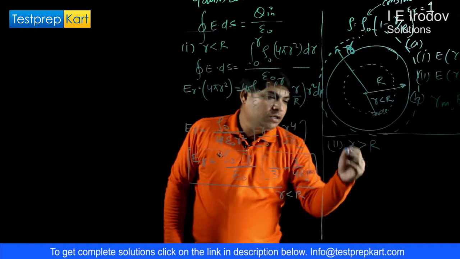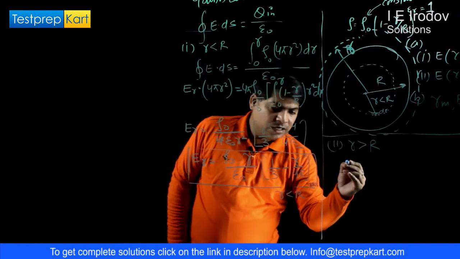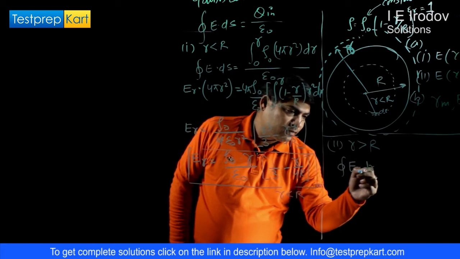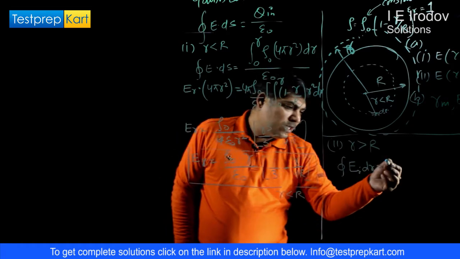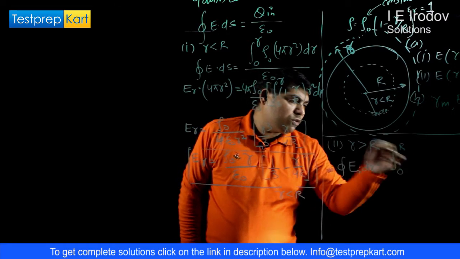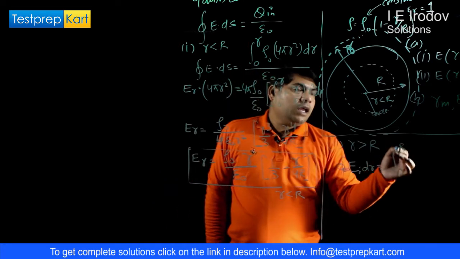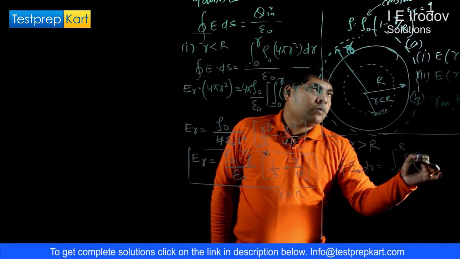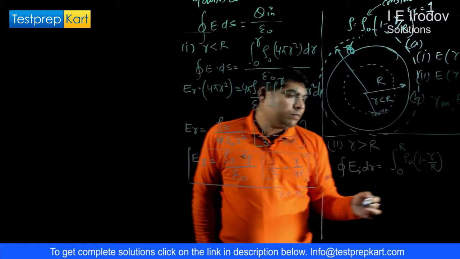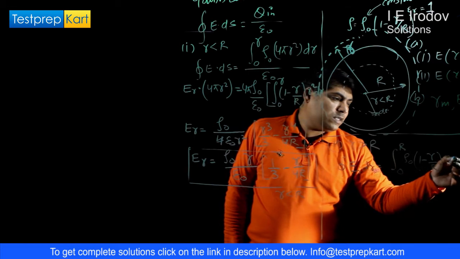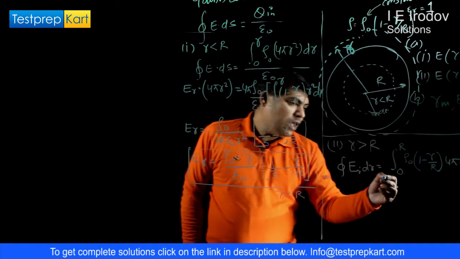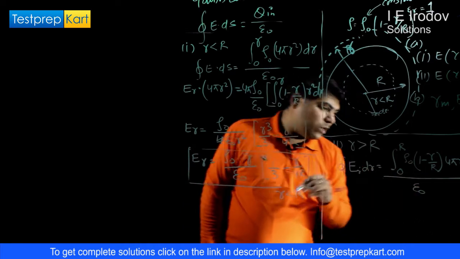Again we can write that the integration of E dot dS is equal to the total charge enclosed. The total charge enclosed is the integration from 0 to R of rho naught (1 minus r over R) times the surface area 4 pi r square times dr volume, divided by epsilon naught.